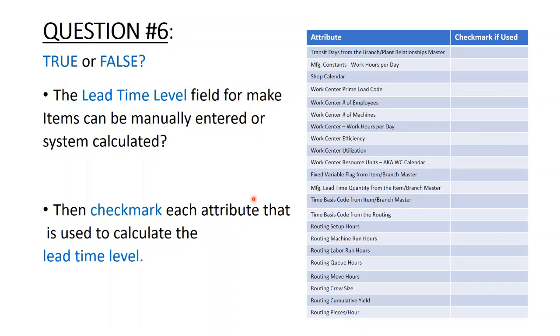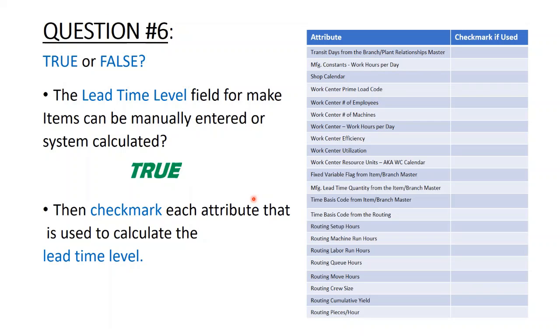Next question. The lead time field for make items can be manually entered or system calculated. True. Then checkmark each attribute that is used to calculate the lead time level.